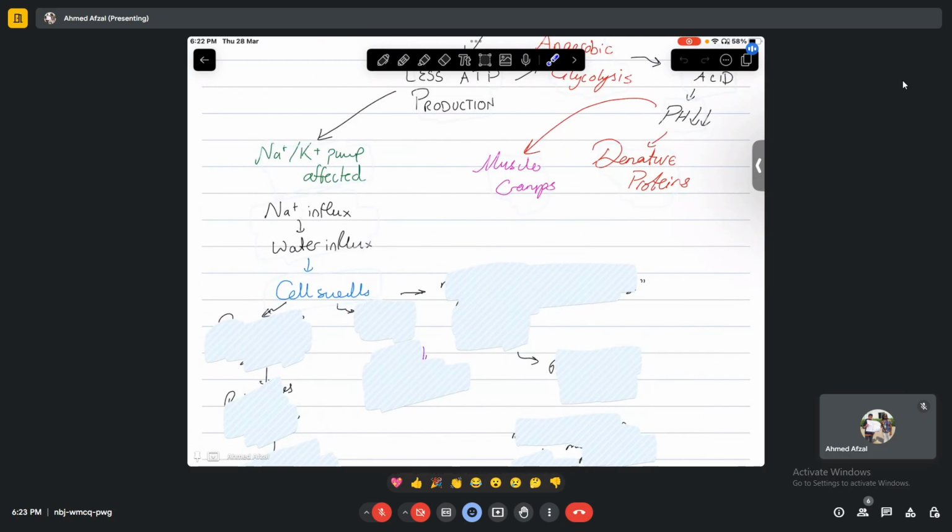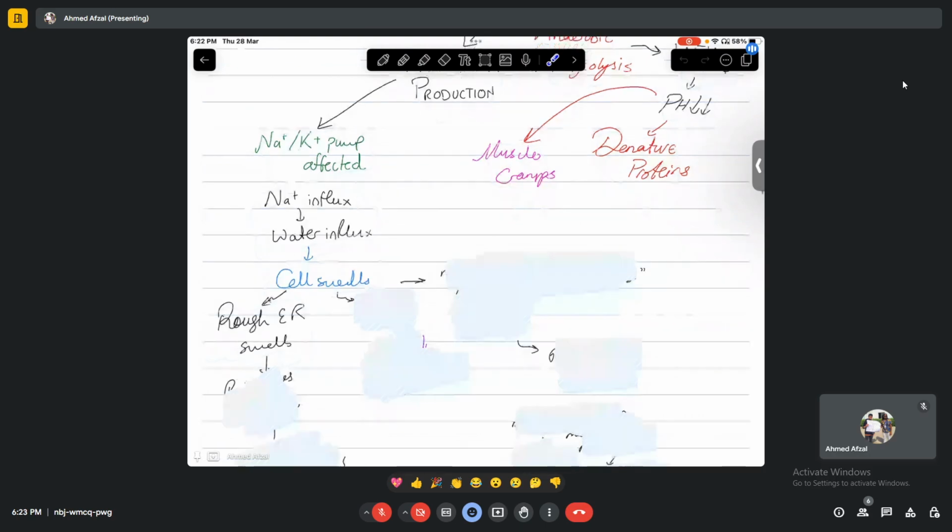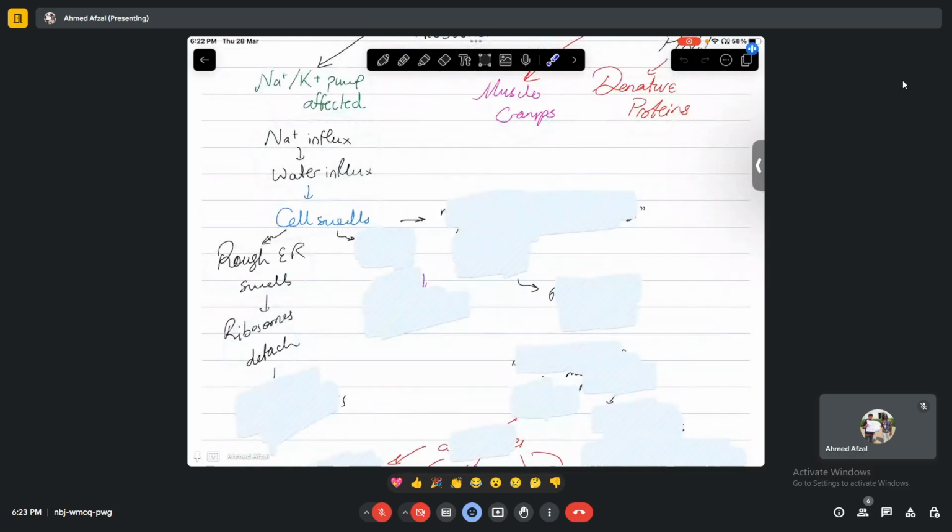The first thing that it does is make the rough endoplasmic reticulum swell. When the rough endoplasmic reticulum swells, the ribosomes detach, right? And when the ribosomes detach, tell me, what would happen?